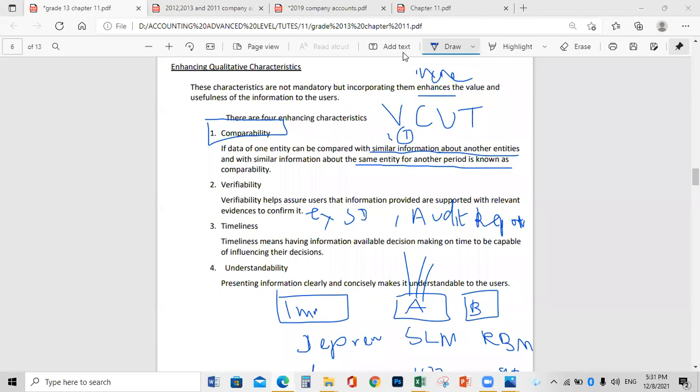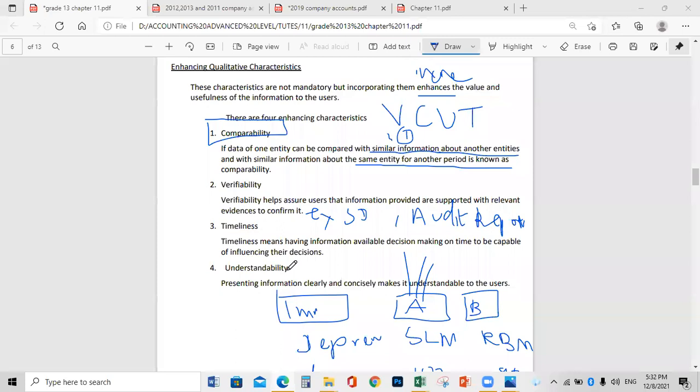And they will give an audit report. In that audit report, they will tell that all the information is true and fair, that there are no mistakes or anything. They will give a confirmation to the shareholders. Clear now? So, guys, next one, timeliness.